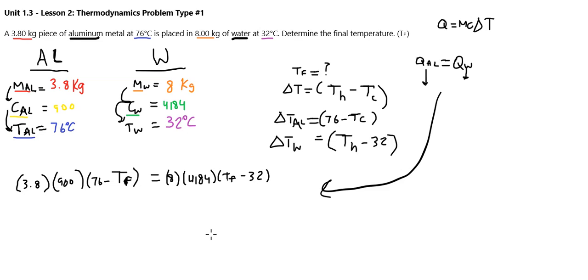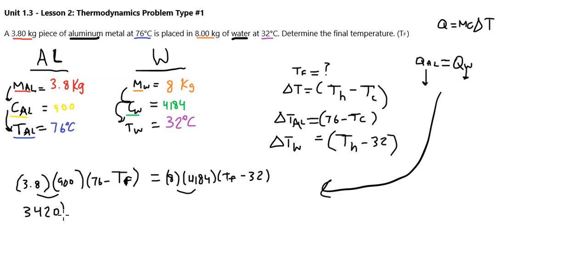Now, what do we do next? Well, we can't multiply all these things yet because this component still has a variable in it. So we can first multiply this and this. So let me get my calculator. 3.8 times 900. Oh, I actually did 90. 3.8 times 900 is 3,420.